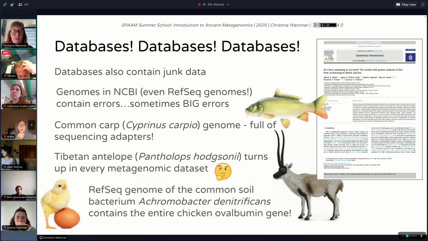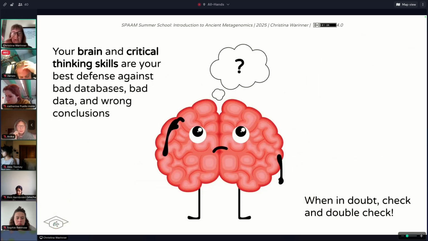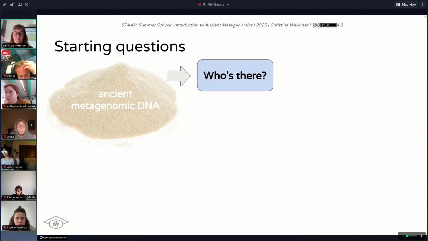And the RefSeq genome for the common soil bacterium, Achromobacter denitrificans, contains the entire chicken ovalbumin gene. That was a mistake. So there are always some errors in here, and you always want to double check any extraordinary findings that you might make. Remember, your brain and your critical thinking skills are your best defense against bad databases, bad data, and wrong conclusions. So when in doubt, check and double check your work.